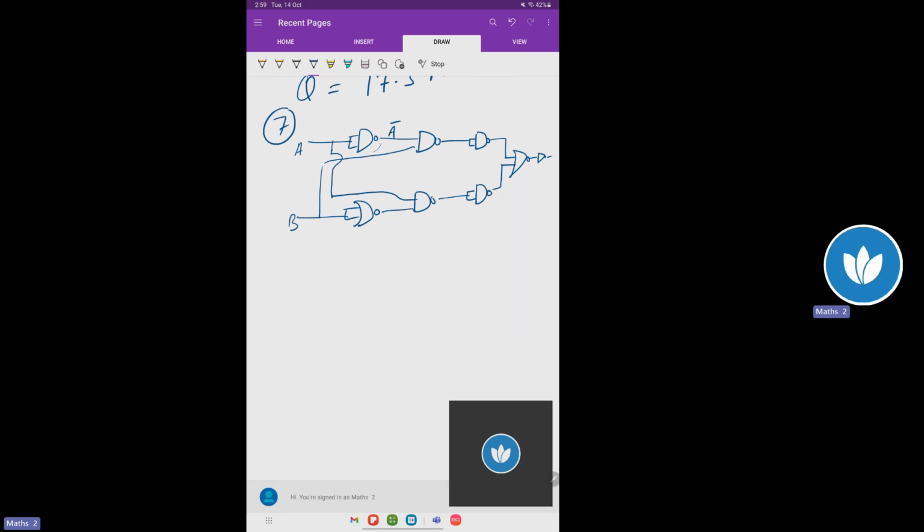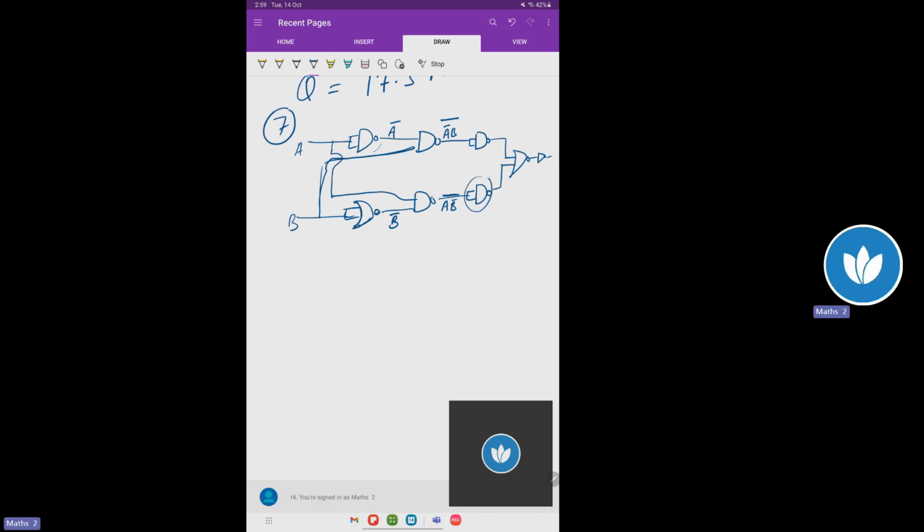So output is A bar. This will work as a NOT gate. And this also has the same inputs, and this is a NOR gate. So output is B bar. Now this is B and this is A bar and this is a NAND gate. So output is (A bar B) whole bar and this is (A B bar) whole bar.